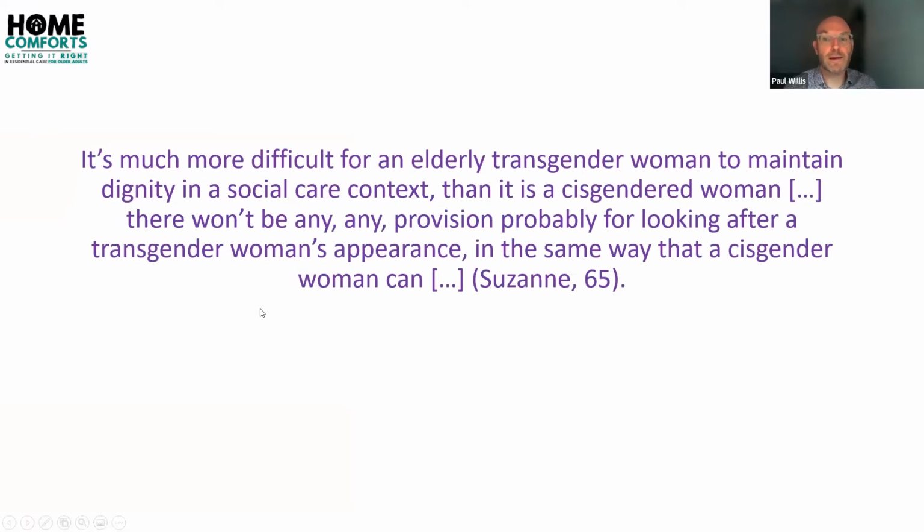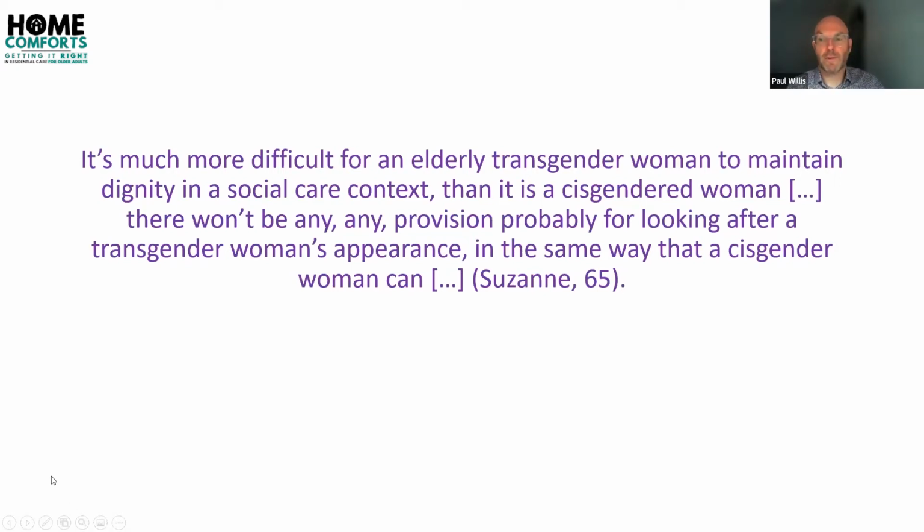So Suzanne here, who was 65 at the time we did this research in Wales, is saying it's much more difficult for an elderly transgender woman to maintain dignity in a social care context than it is for a cisgendered woman. There won't be any provision probably for looking after a transgender woman's appearance in the same way that a cisgender woman can.